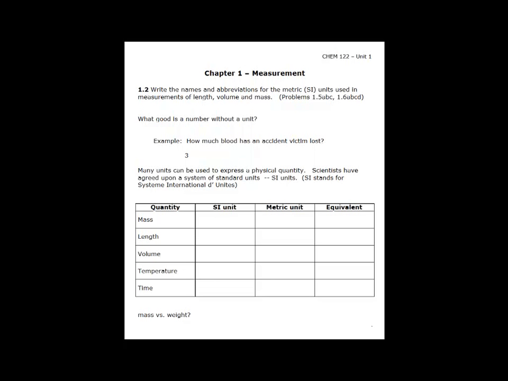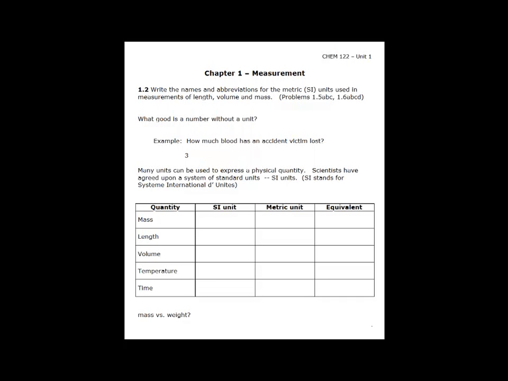Is that 3 drops, 3 milliliters, 3 liters, 3 pints? There's a huge difference. That number, if it's just 3 drops of blood, means something very different than, say, 3 pints of blood. So, in science, when we see a number, we also need to put a unit with it.